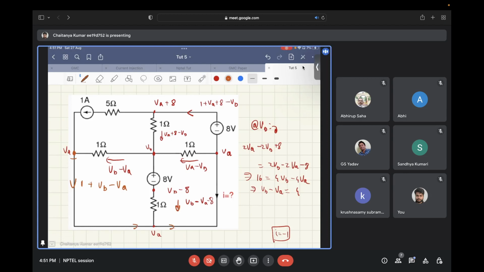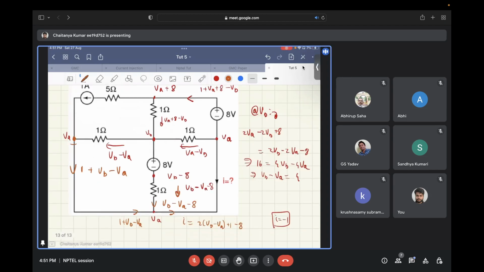That will be the current 1 plus VB minus VA, and this current is VB minus VA minus 8. So the total current I is equal to 2 times VB minus VA plus 1 minus 8.